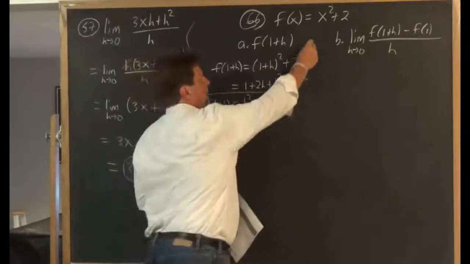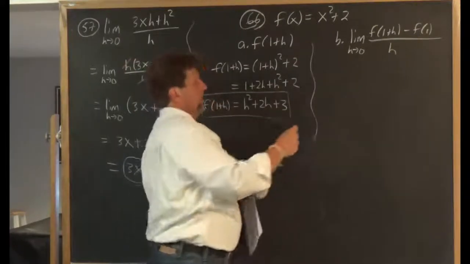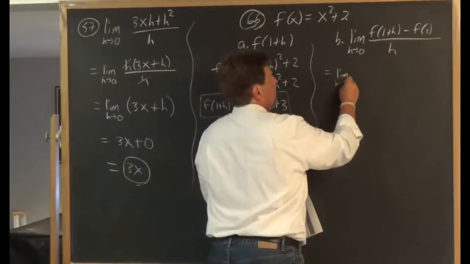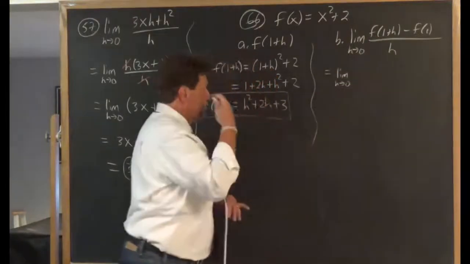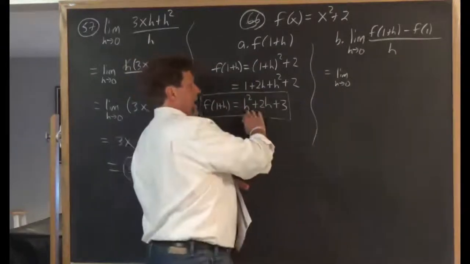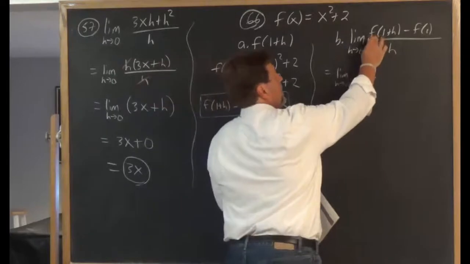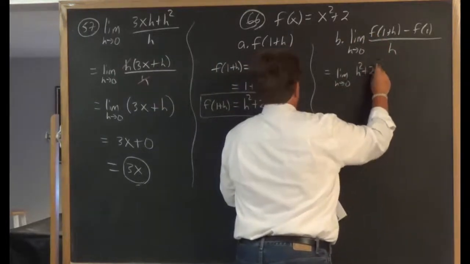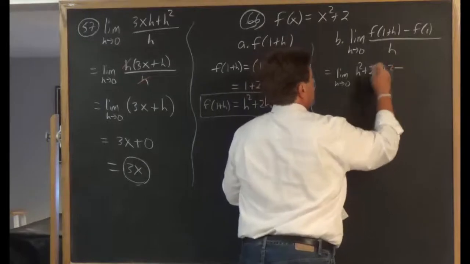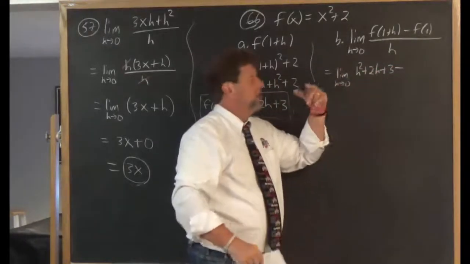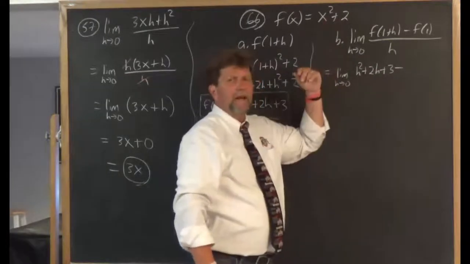So in part B, to do this limit, well, check it out. We know what the f of 1 plus h is. It's h squared plus 2h plus 3. So let's take h squared plus 2h plus 3, put it in here for f of 1 plus h. Okay, now we have to compute the f of 1. So the f of 1 comes in for the x.